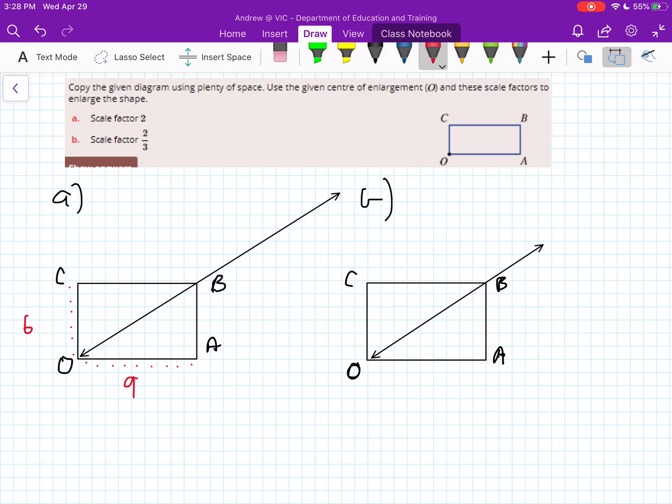Okay? And my other image here is actually exactly the same. Okay? So here, when we're doing a scale factor of 2, you're going to have to double the line that you're going to have to go out.